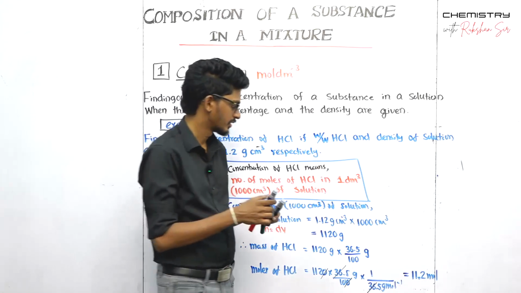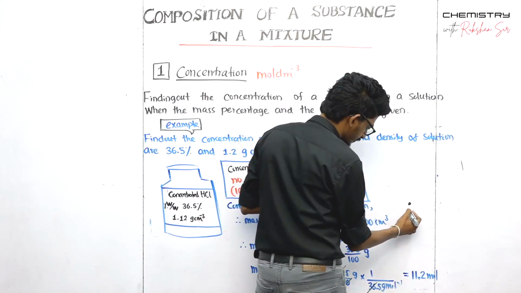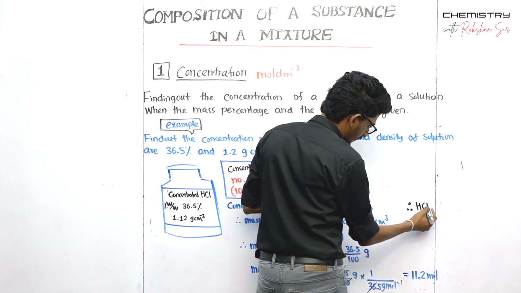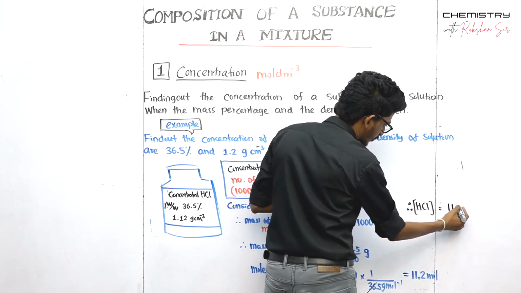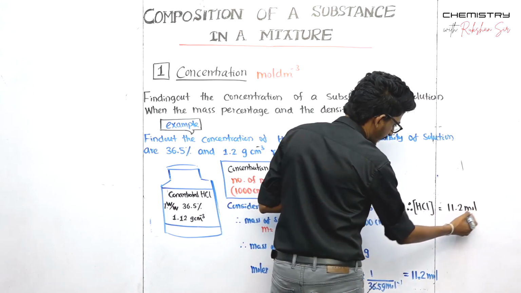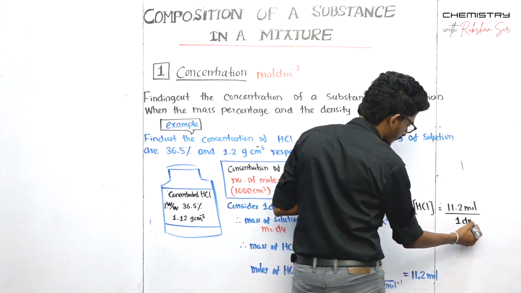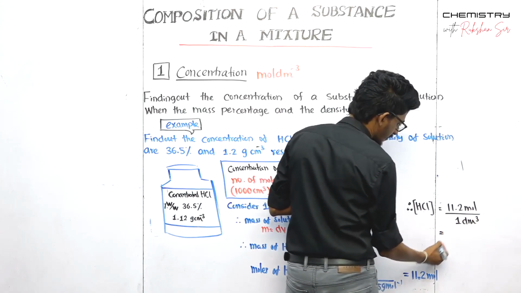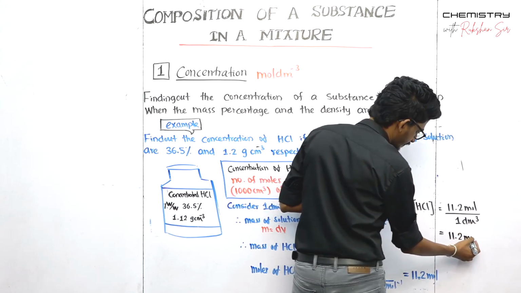So I'll write it here: the HCl concentration is going to be 11.2 moles in 1 decimeter cube of solution. So your concentration is going to be 11.2 moles per decimeter cube.